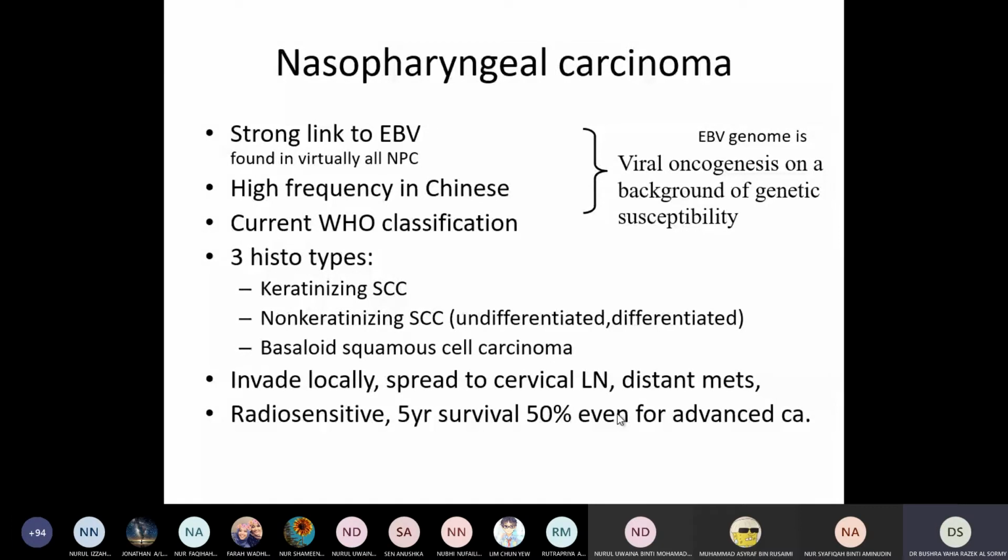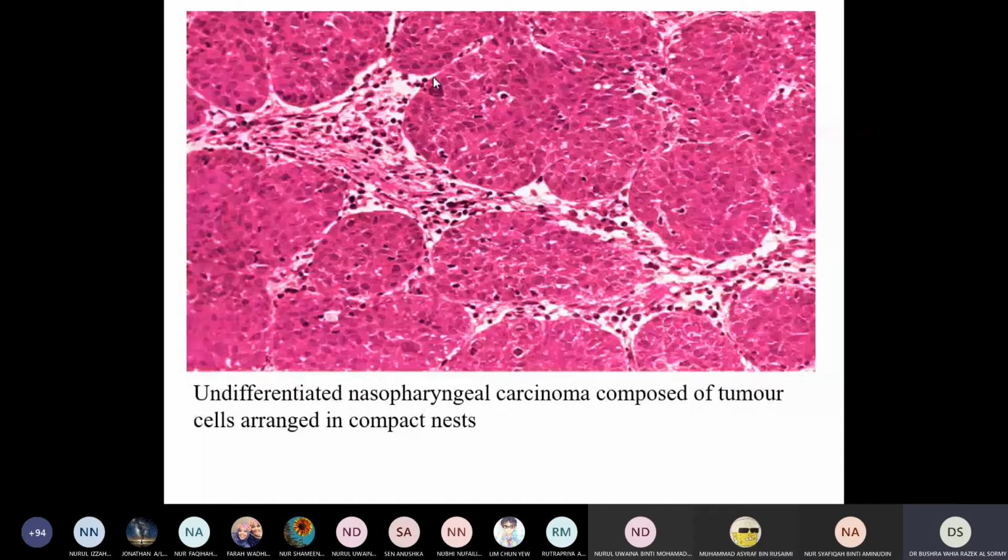See, this is the tumor. You can see nests of tumor cells with a background of inflammatory cells, so we can identify that it's a carcinoma. The cells are big with prominent nucleoli. You can see this is another type.